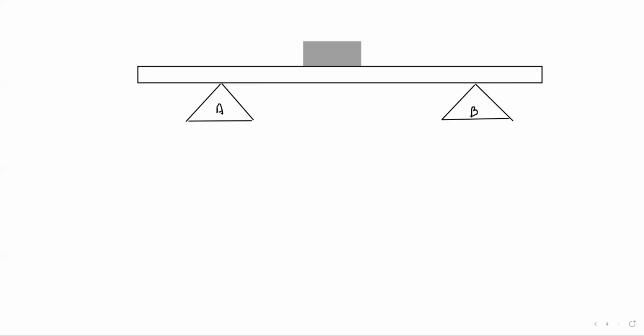Sometimes they mention the weight of the beam is negligible. So when it is mentioned that the weight of the beam is negligible, that time you will neglect the weight. But if they say the weight of the beam has a specific value and it's a uniform beam, it should act at the center.